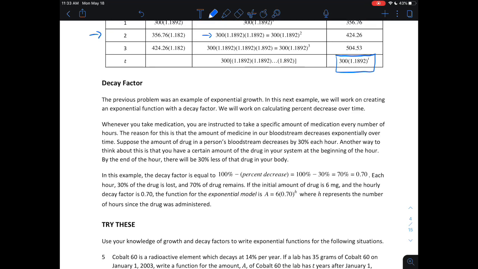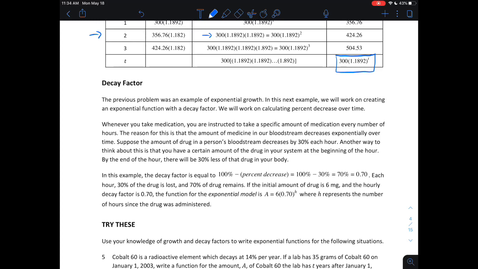Suppose the amount of drug in a person's bloodstream decreases by 30% each hour. Another way to think about this is that you have a certain amount of the drug in your system at the beginning of the hour. By the end of the hour, there will be 30% less of that drug in your body.